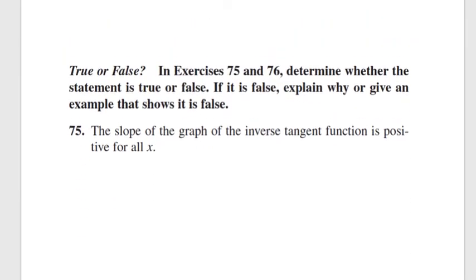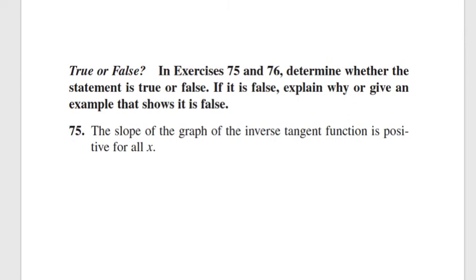So the second exercise I want to talk about is exercise 75. Determine whether the statement is true or false, and basically justify. The slope of the graph of the inverse tangent function is positive for all x.